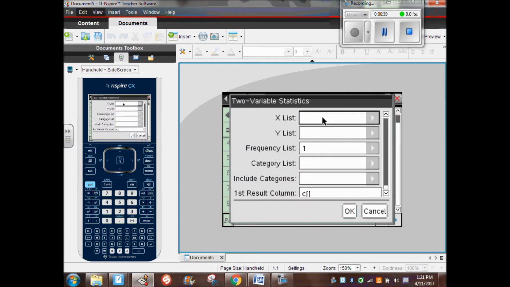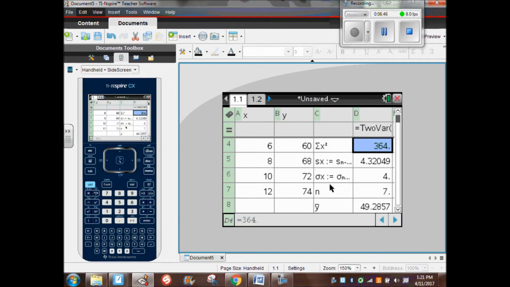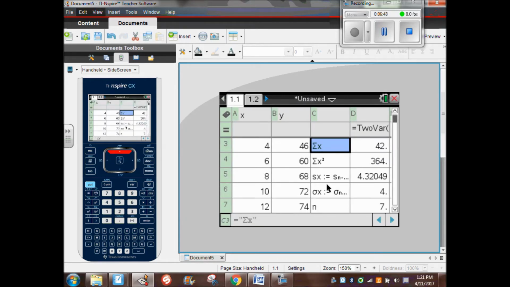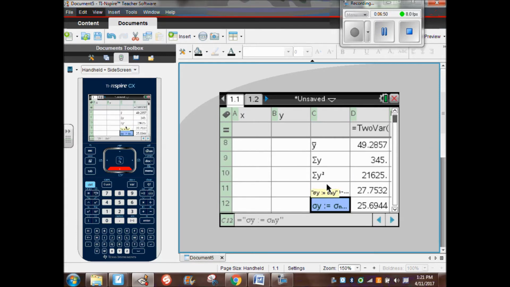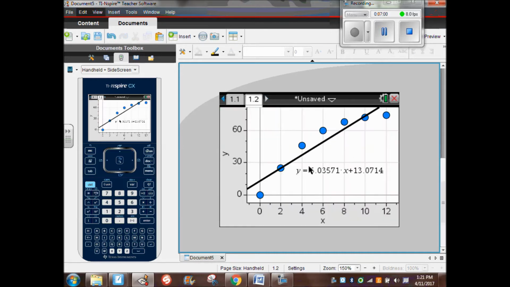We called our first list X, we called our Y list Y, and we're going to click OK. And then we're going to scroll down our title list till we find that R value. Okay? Everybody got what I have? Okay. Got our R value, and over here on 1.2 we've got a regression line with its equation.